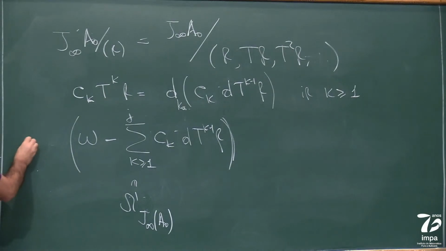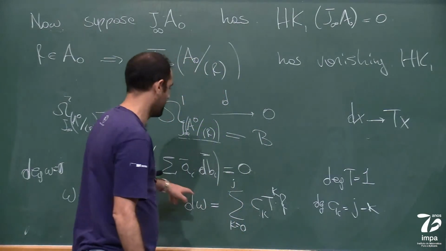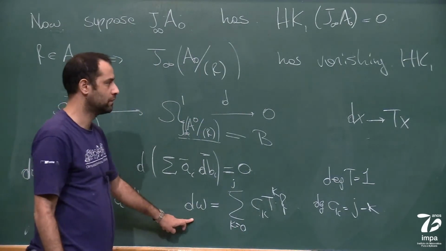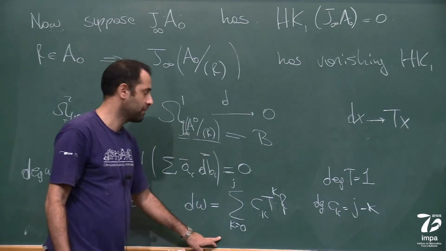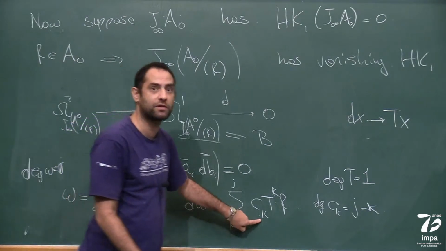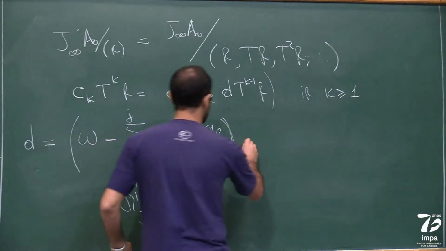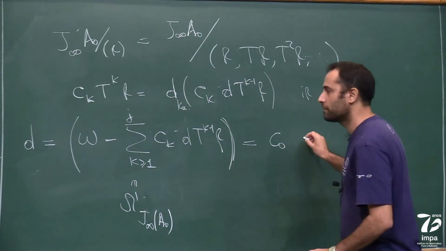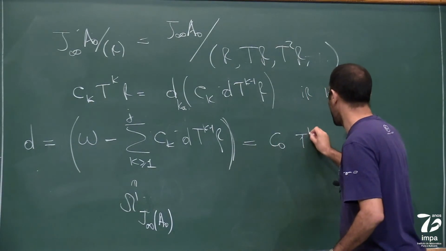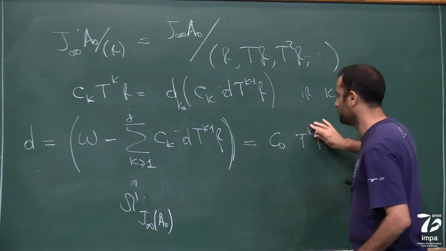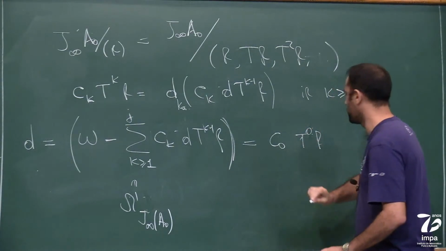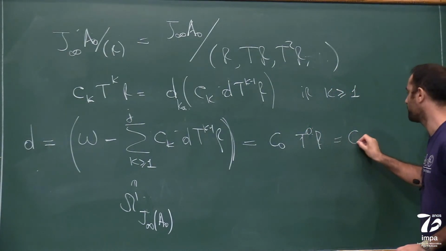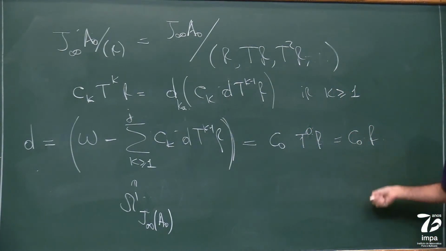The differential of this thing is the differential of omega minus all of this sum, but still the k equal to 0 part survives. So the differential of this is C naught times t to the 0 of f, which is C naught times f, which goes to 0 when I mod out by f.